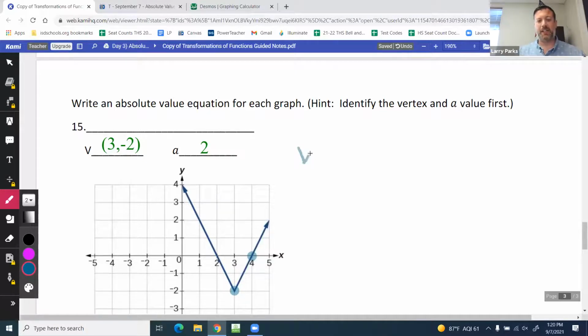You'd have Y is equal to, and this number goes first, so you put the 2 there. And then you got absolute value. And you're always going to have an X in here. And so this is what moves it left and right. You want to move it 3 to the right, so you're going to put -3. That's how you move it to the right. And then to move it down 2, you use -2.